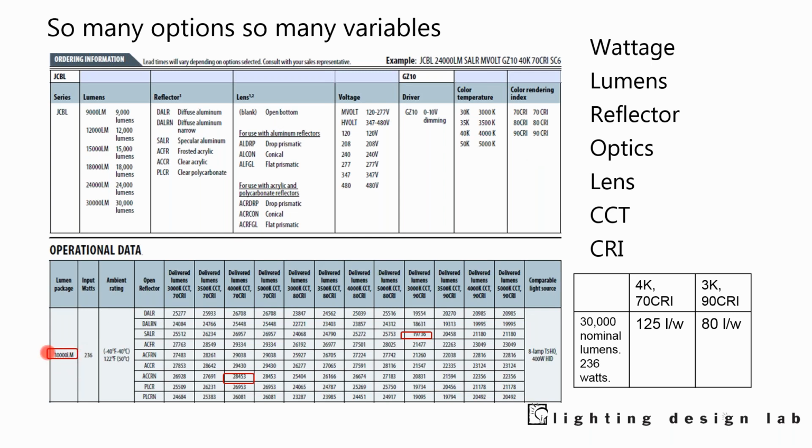Here's our nominal 30,000 lumen product. But if we look at the actual lumens, we're not getting that. At the highest, here we have about 29,000 lumens, excuse me, and that's for a 4,000 Kelvin, 70 CRI fixture.